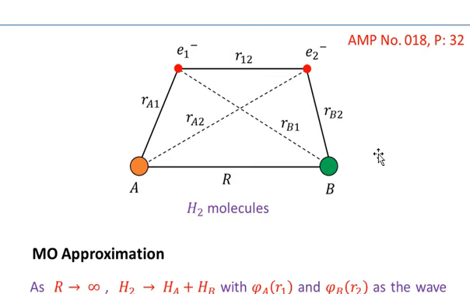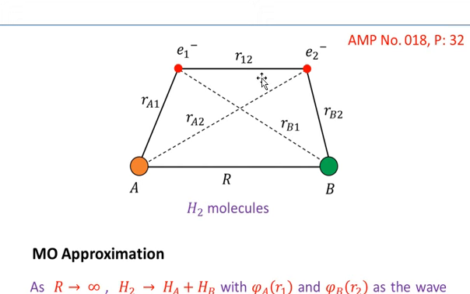Here I have shown that electron 1 is also influenced by nucleus B, electron 2 is also influenced by nucleus A, and there is also a distance R12 between the two electrons.